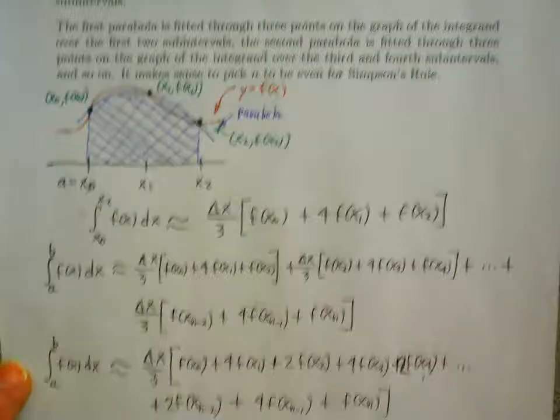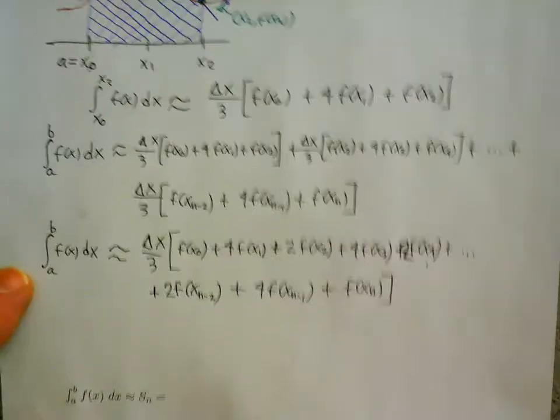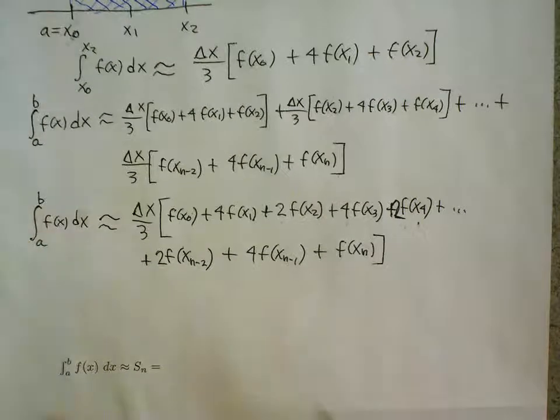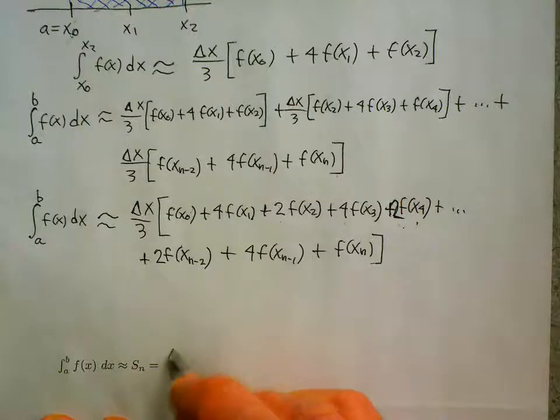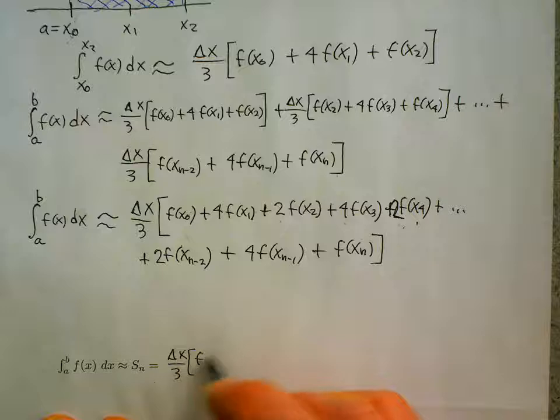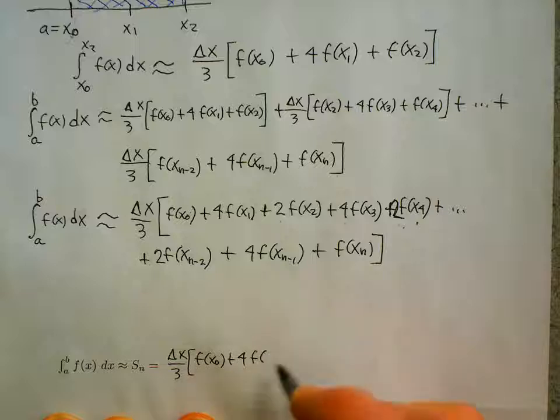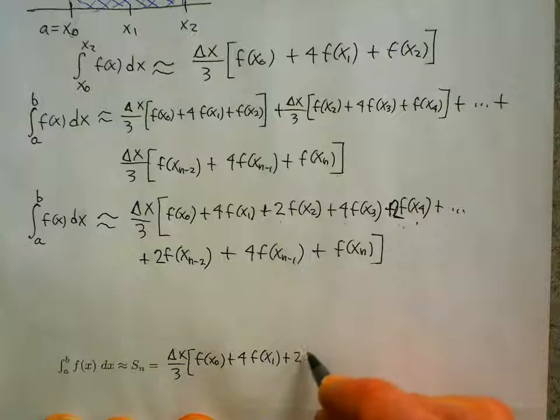Okay, so down here I'll write this Simpson's rule a little bit more concisely. So we have delta x over 3 times f of x sub 0 plus 4 times f of x sub 1 plus 2 times f of x sub 2, and so on.